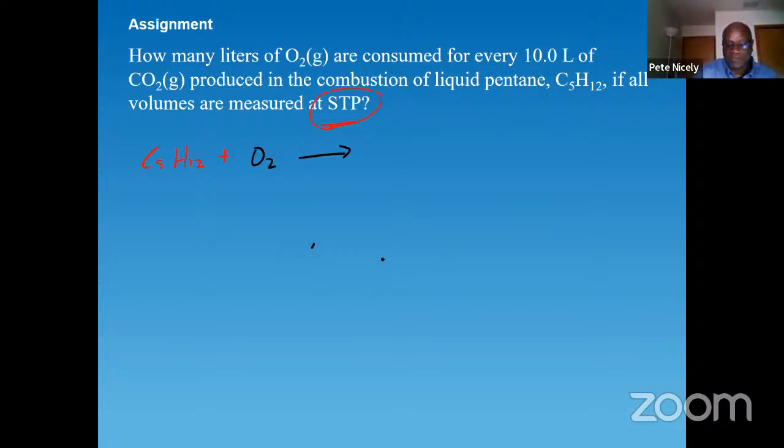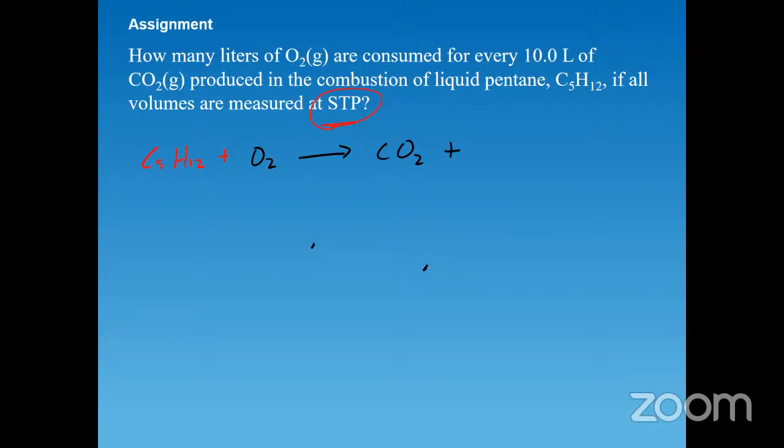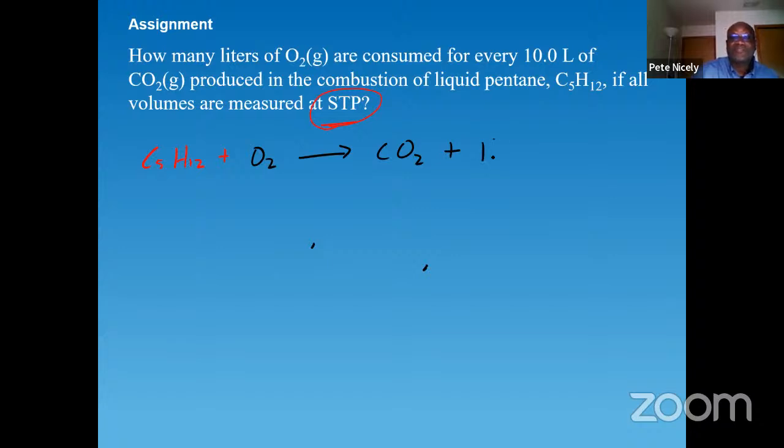Okay, one of them would be CO2. And what would be the other product? H2O, water. Exactly. So H2O. And then the next step is to balance it. So how would you balance this equation?